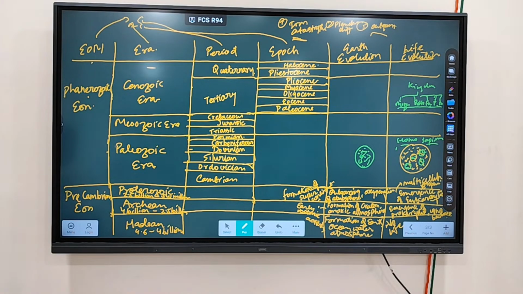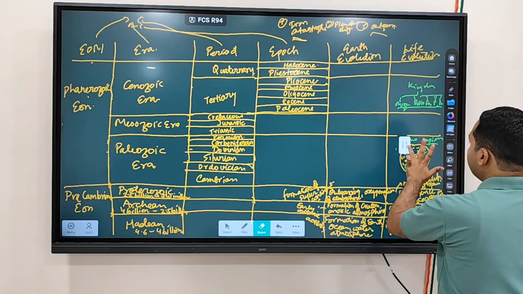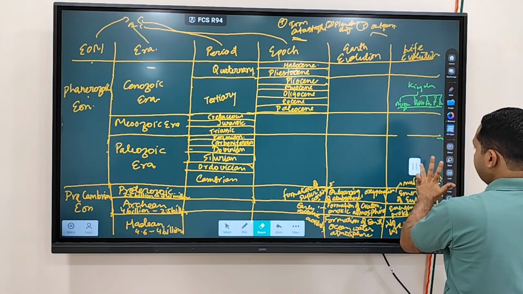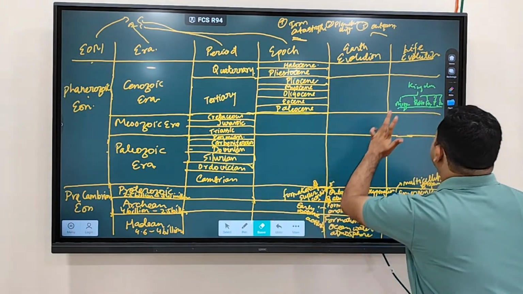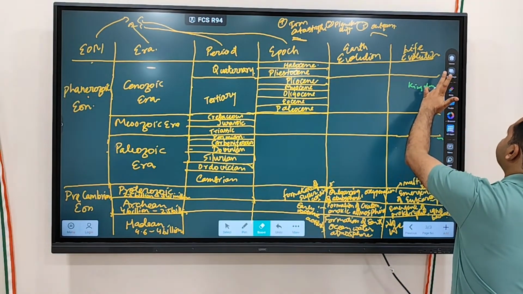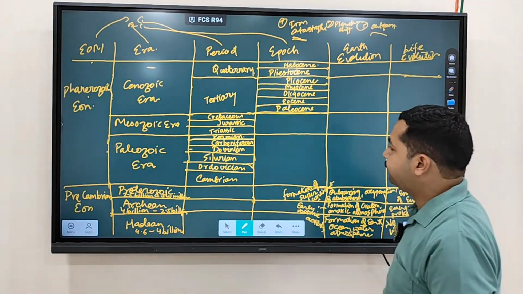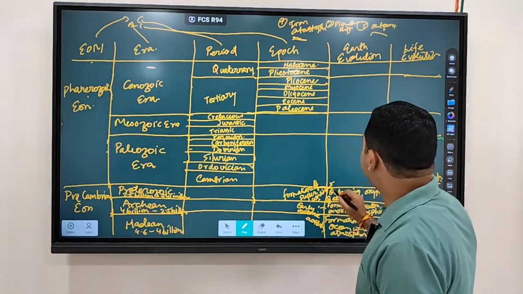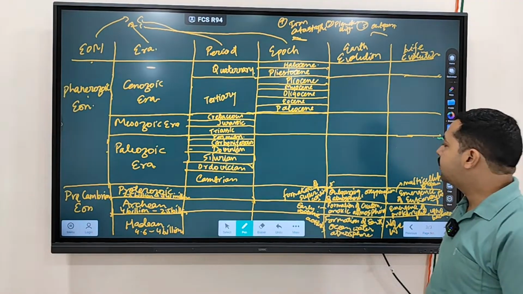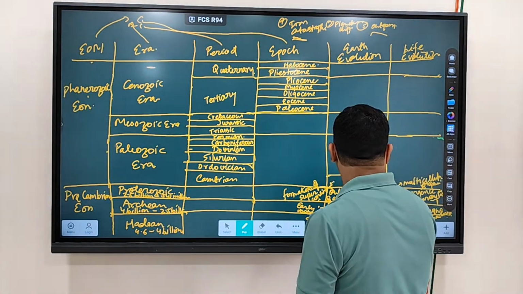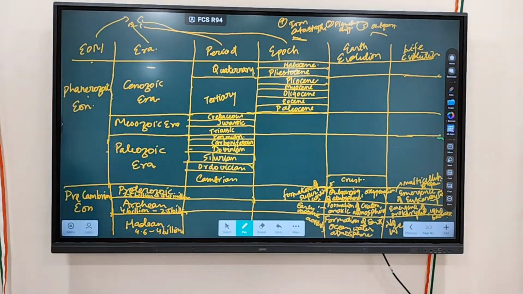Fine. So here you'll see what? In the Cambrian part, in this particular period, the earth's crust becomes much more rigid.